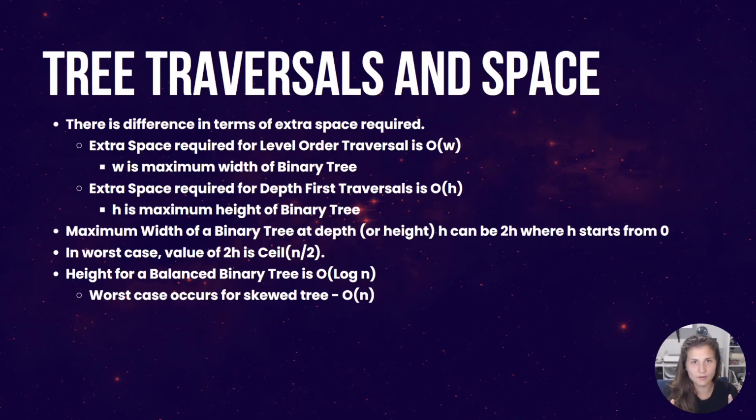So if we're looking at this, when our trees are more balanced, it's better for us to use a depth first traversal algorithm. If our trees are more skewed, it's better for us to use the level order traversals. But it gets really complicated because you don't really know all those things.